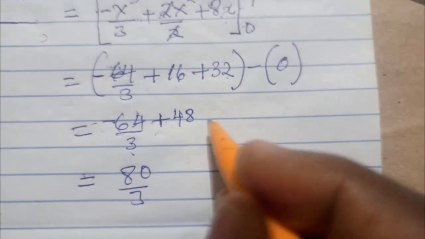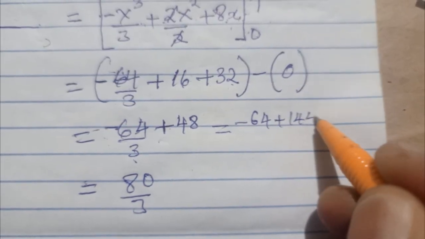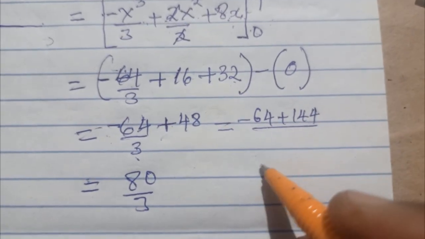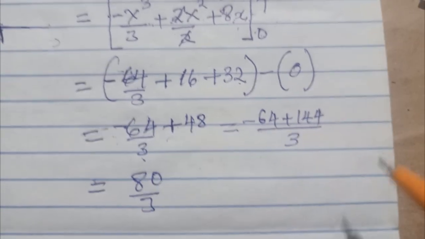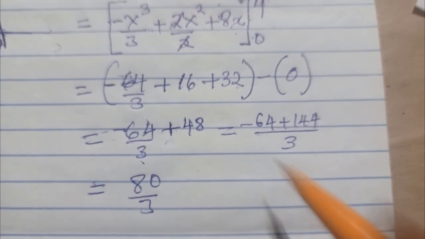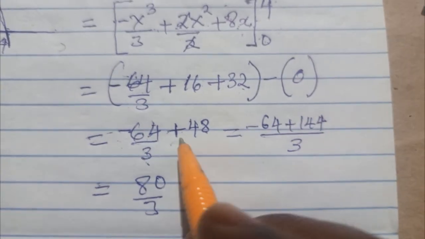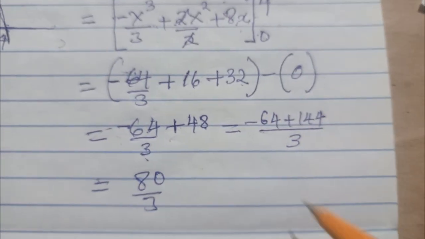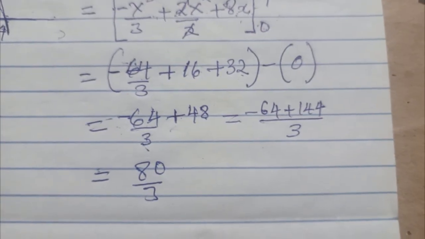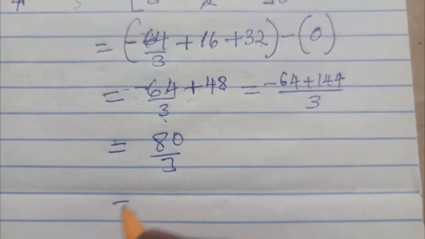When you work out, this is the same as negative 64 plus 144 over 3, the LCM being 3. 3 times 16 is 48, and 3 times 48 is 144. This is 80 over 3, which you can leave this way or write as a mixed number.